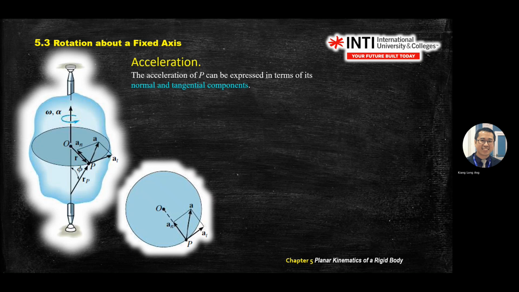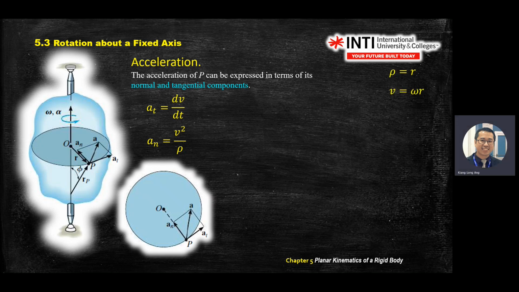Okay. So in previous chapter, you know that acceleration at tangent equal to dv/dt. Acceleration at normal equal to v squared over rho. This one you learned before, right? Now you substitute what you learned just now. Rho in this case is your R. What is your V just now?